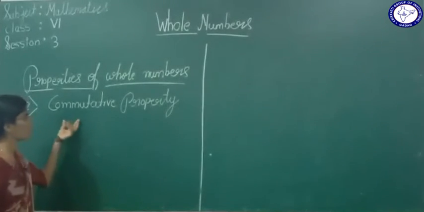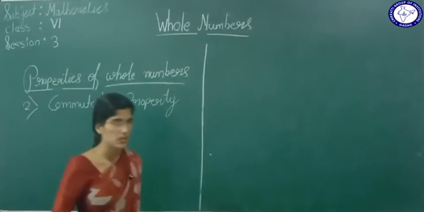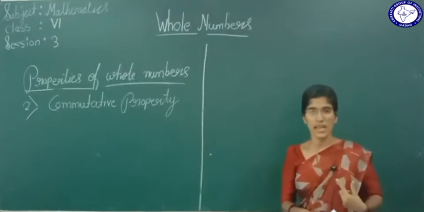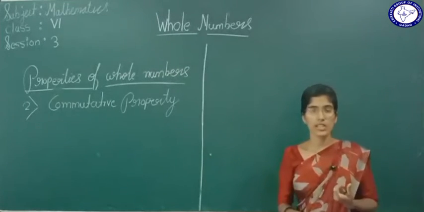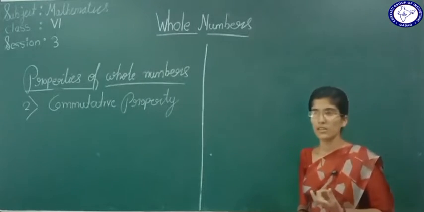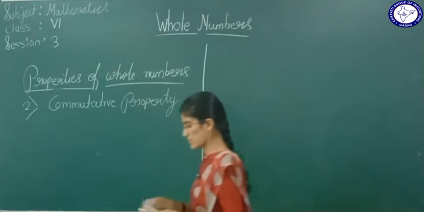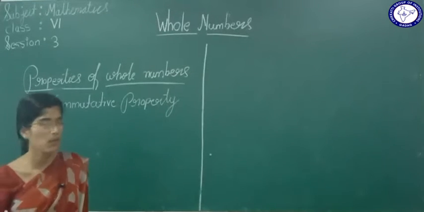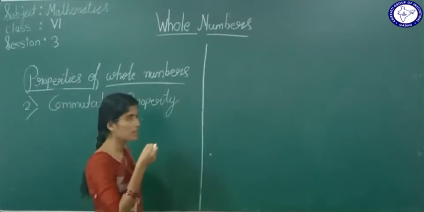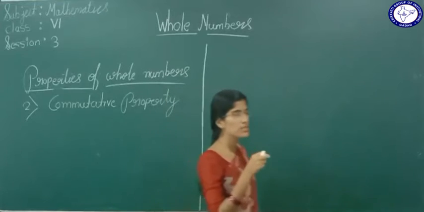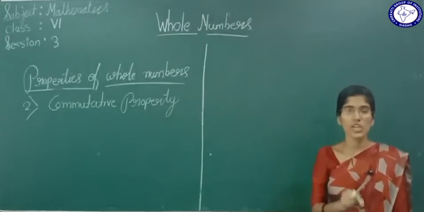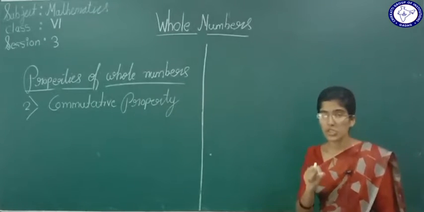Two whole numbers are said to be commutative if their result remains the same when we interchange the position of the numbers. When we say commutative, it means the result remains the same if we interchange the position of the numbers.